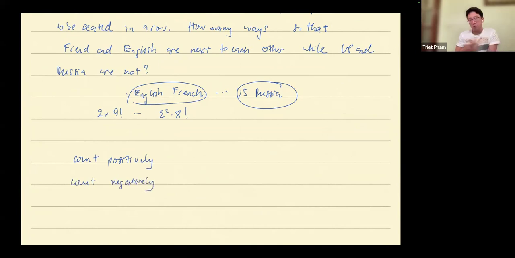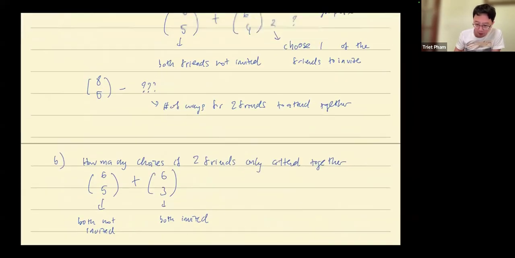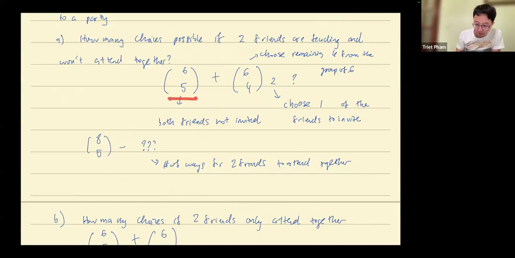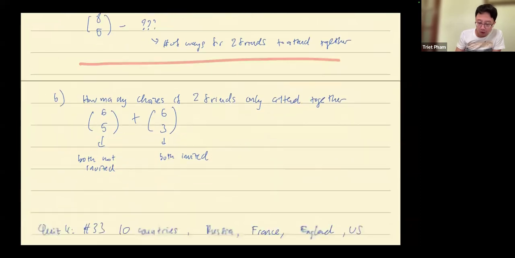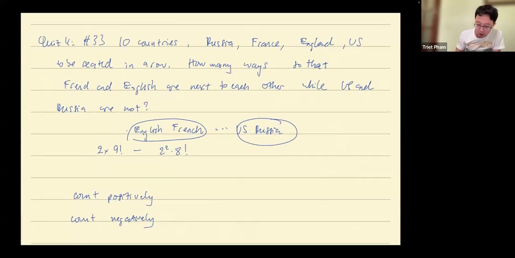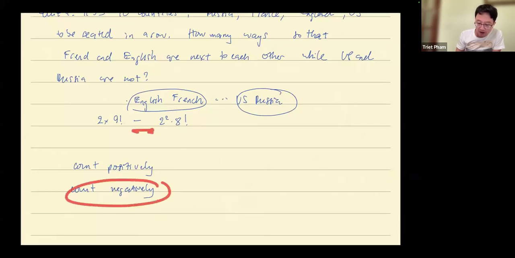Counting positively means you just count the cases that work. For example, both friends not invited, choose one, and then add them up. Both friends not invited, both invited, and add them up. To count negatively is to subtract away the undesirable cases from the total number of cases.